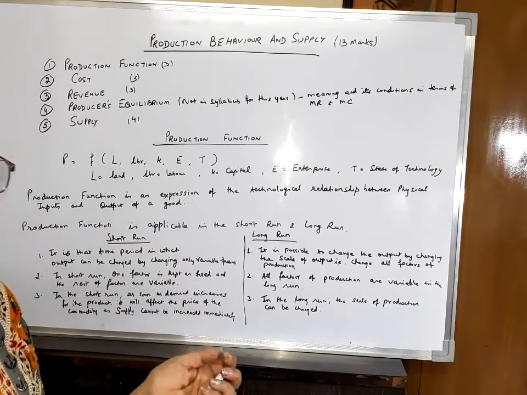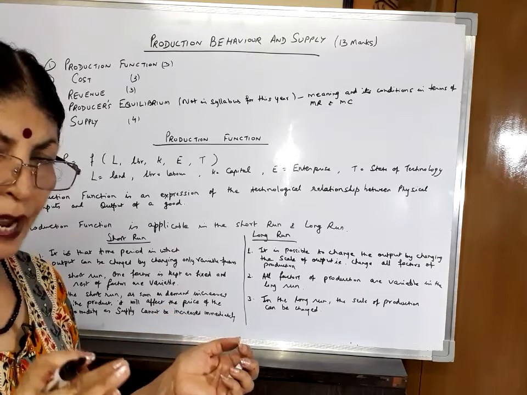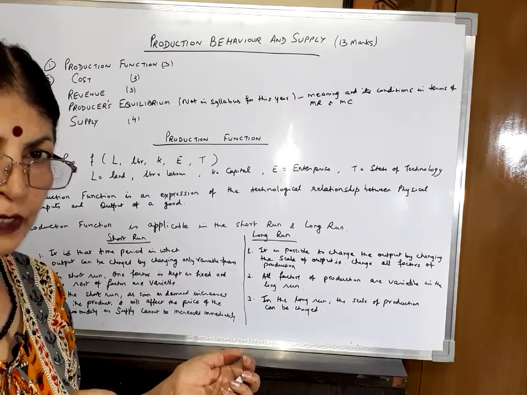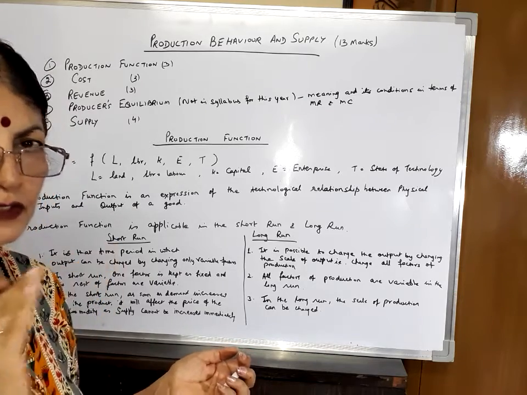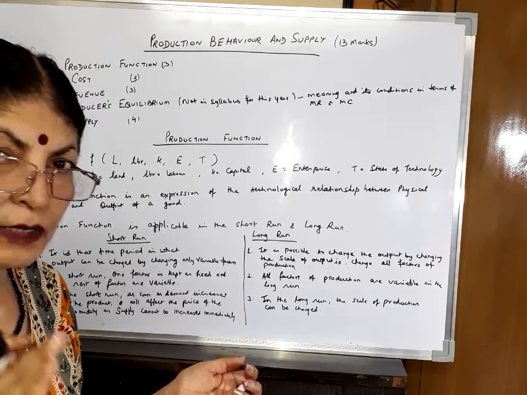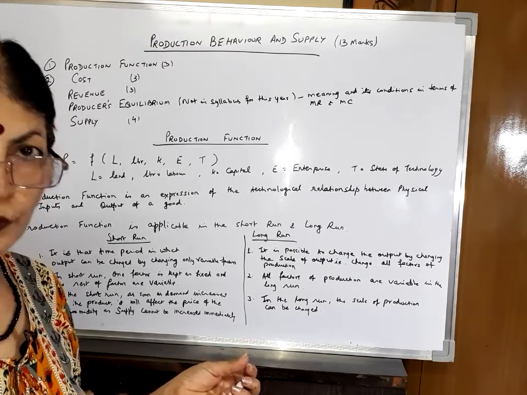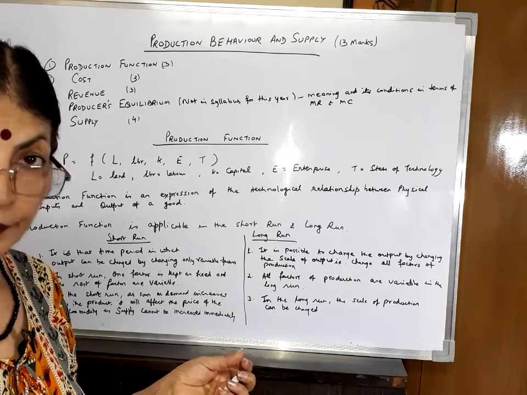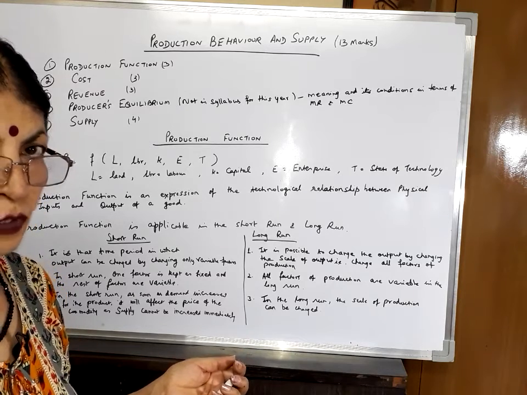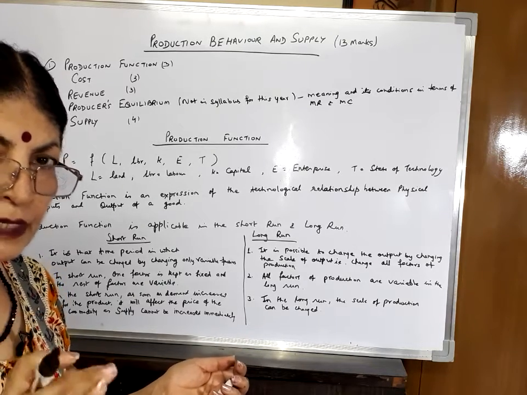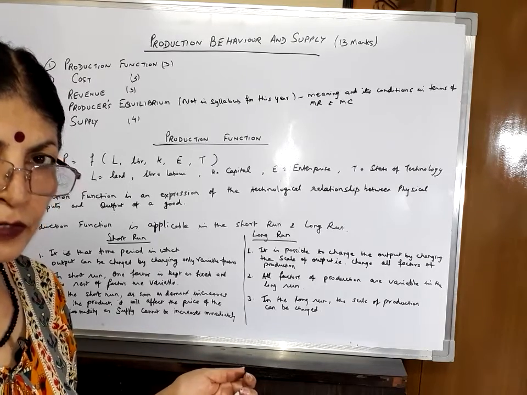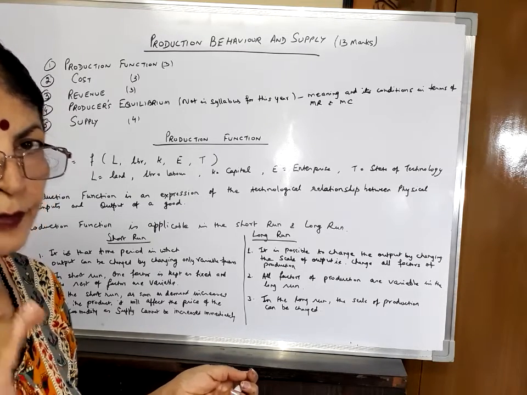That is why in the short period, the first impact on the price of the product is that it tends to rise when its demand rises, because it takes some time to produce more units of that product. That is why in the short run, the immediate impact of an increase in demand is that its price shoots up.